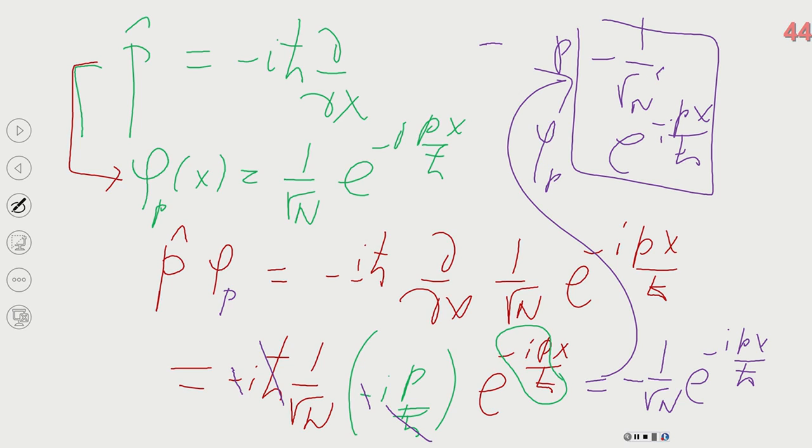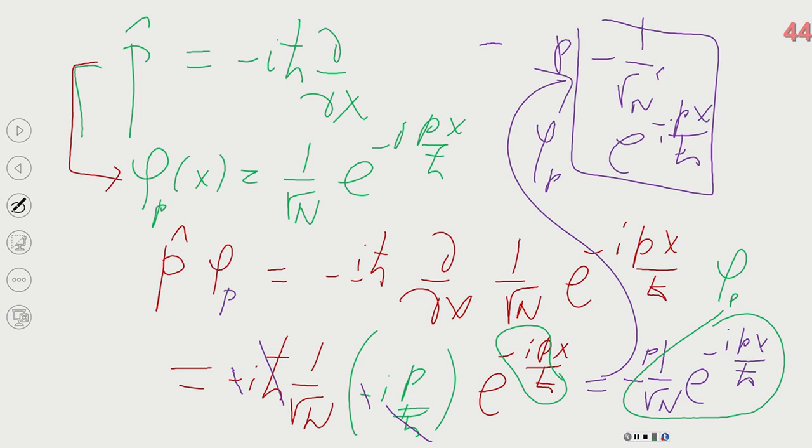And if we cancel factors and combine them together, we can recognize that it will be the same function. So here is how we define it, and here is what we got upon applying the operator to this function.